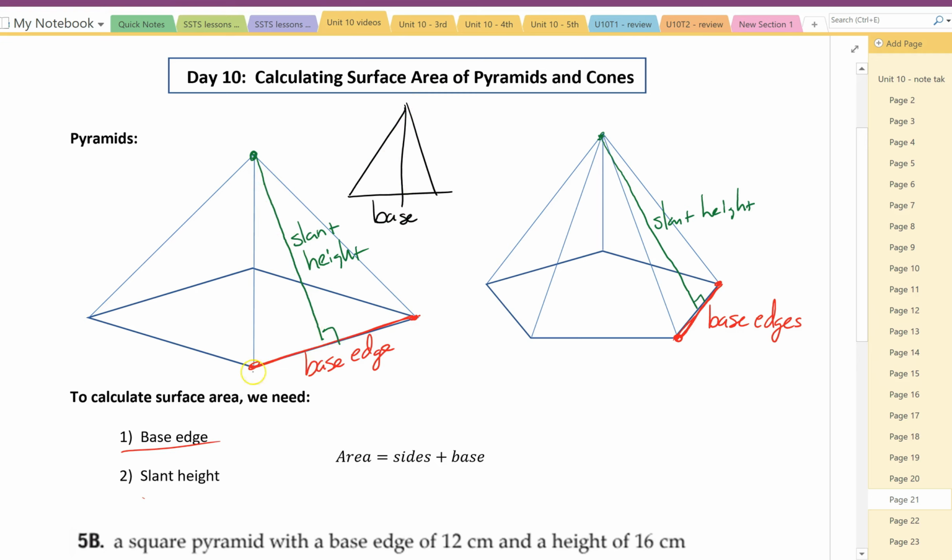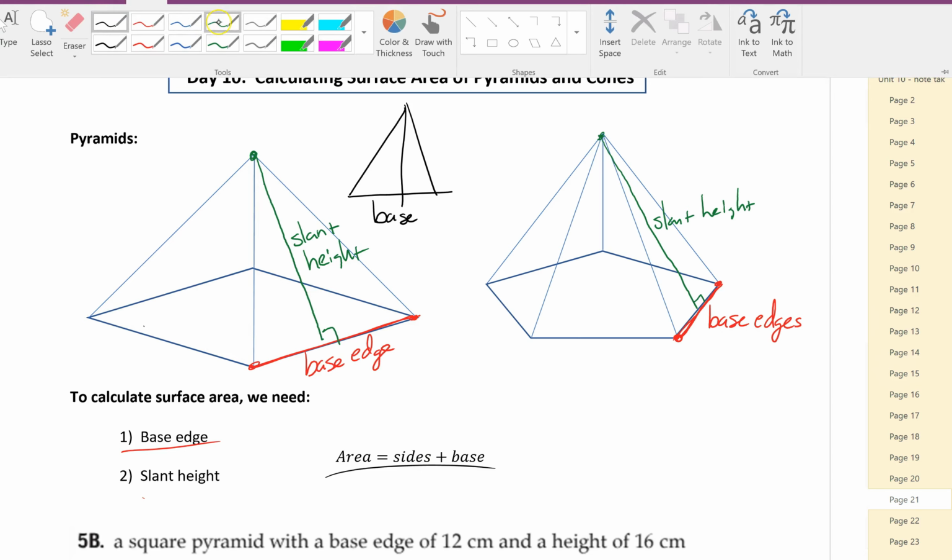So if I wanted to calculate the area of one of the 4 sides of this pyramid, I would just take the base edge times the slant height, divide that by 2, and that would give me the area of this triangle. If I multiply that by 4, it would give me the surface area of all the lateral faces of the pyramid. Then what I would have to do is figure out the area of the base itself. If I added those things together, that would tell me the area of the pyramid.